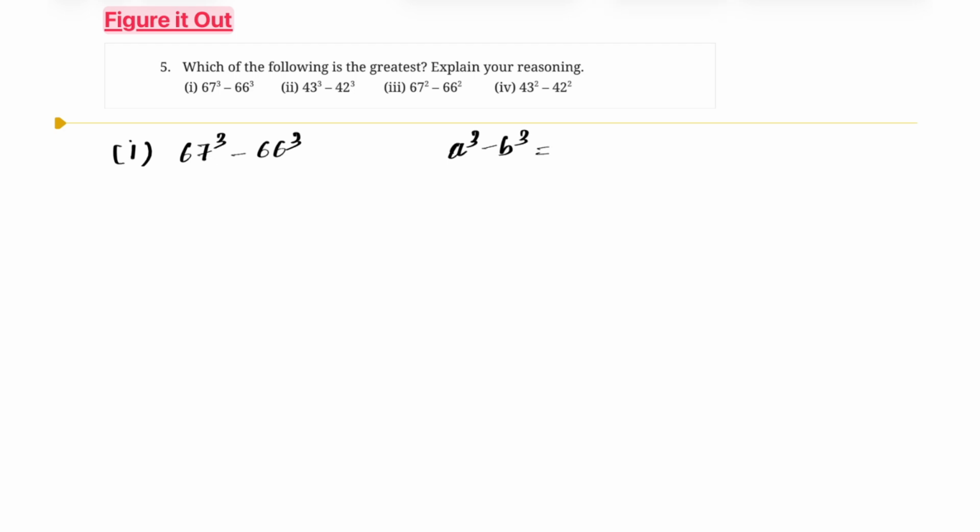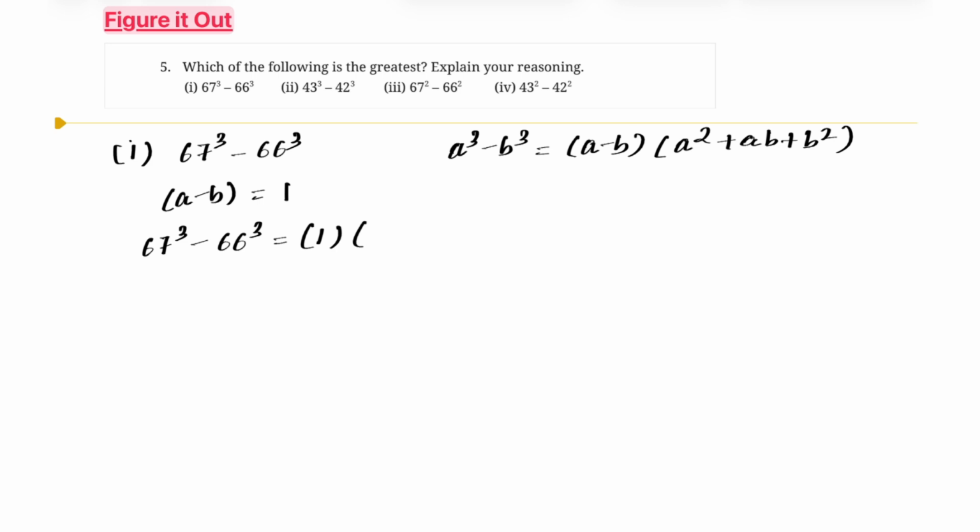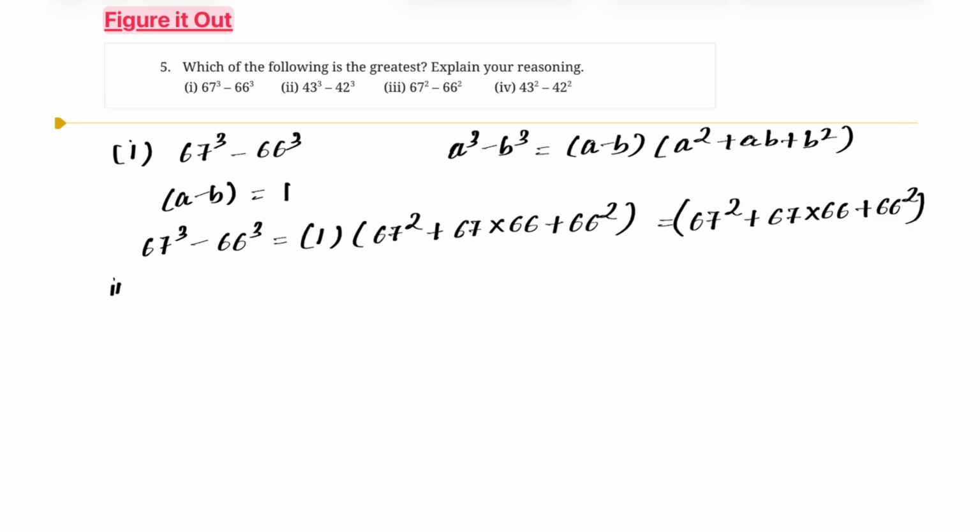We know that a cube minus b cube is (a minus b) into (a square plus ab plus b square). If we solve 67 cube minus 66 cube, a minus b, that is 67 minus 66, is equal to 1. So the final answer is 67 square plus 67 into 66 plus 66 square.